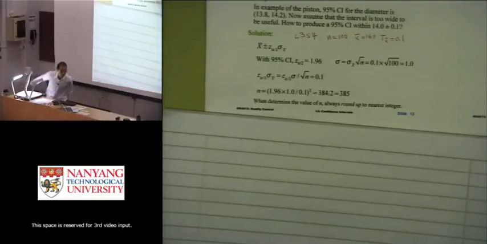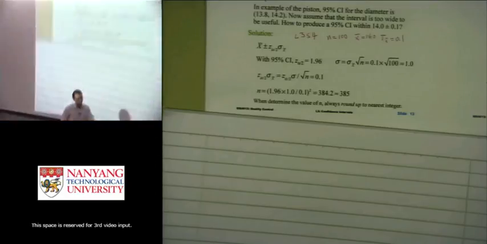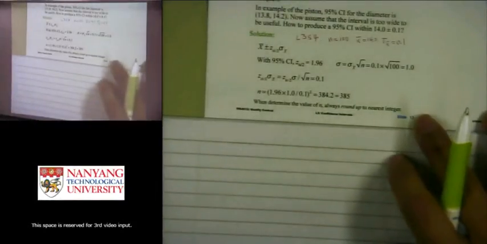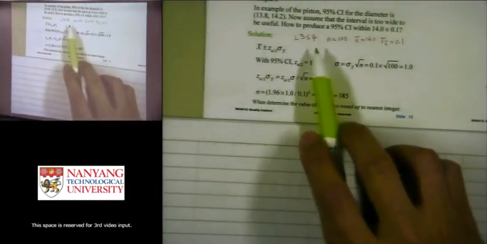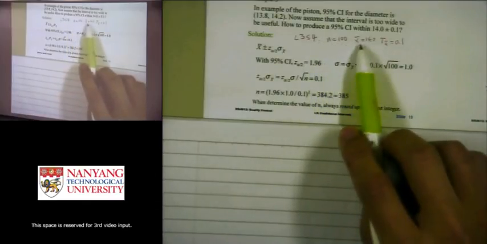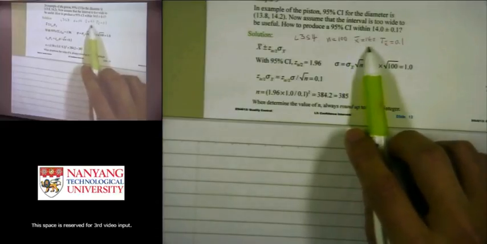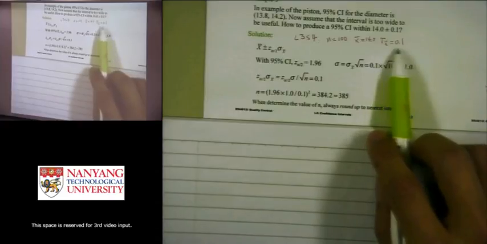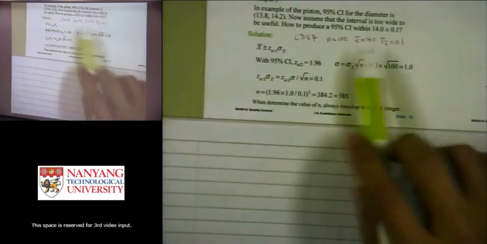It's in your slide 3. In your slide 3, we assume that 100 independent measurements are taken from a larger population. That's the example of a piston. So for this one, we can know that the sample size is 100, and x bar equals 14, and sigma x bar, the standard deviation of the sample mean, equals 0.1. All these three are given.